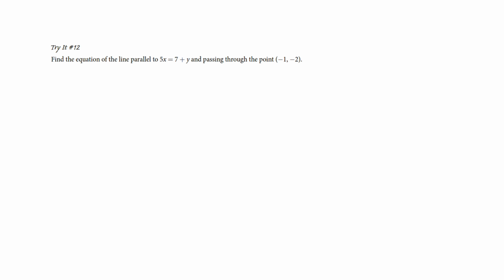So let's try this again. You can pause it if you want to try on your own. We want a line parallel to this one. Not this one, but one that's parallel to it. So I'm going to solve it. And so I've put it in slope-intercept form. The slope of this line is 5, and ours is parallel to it, so ours is also 5. So I've got y equals 5x plus b.